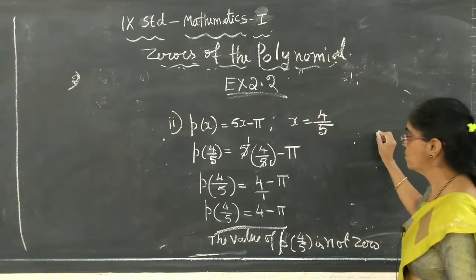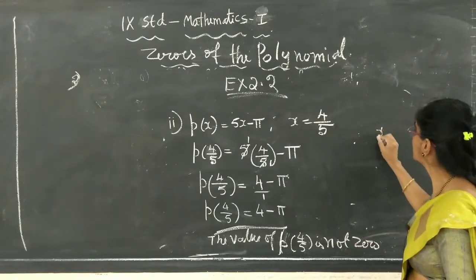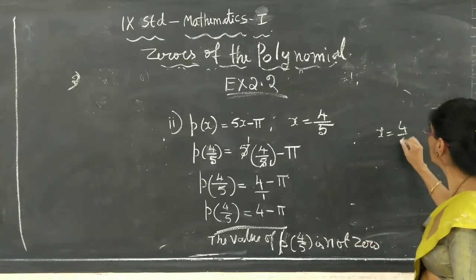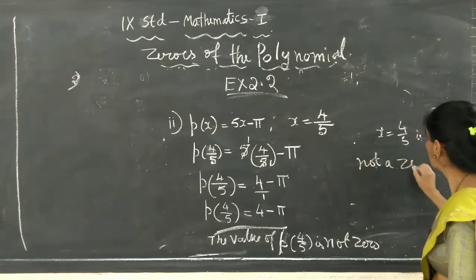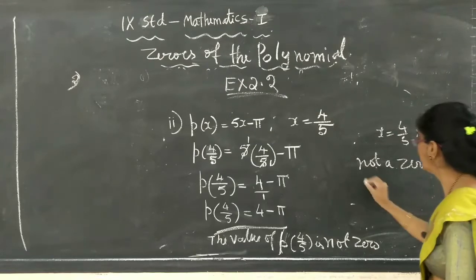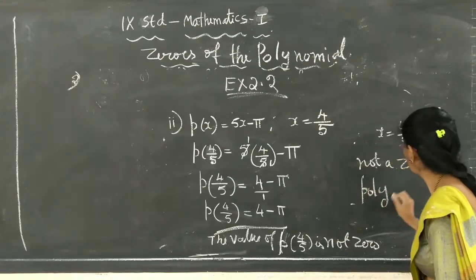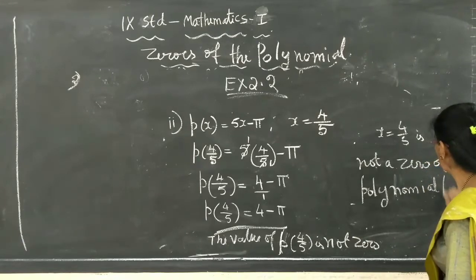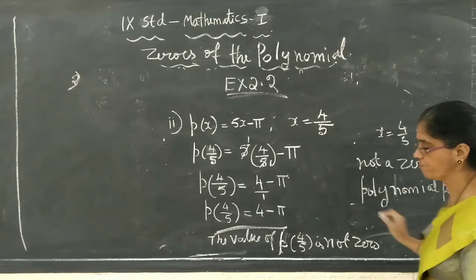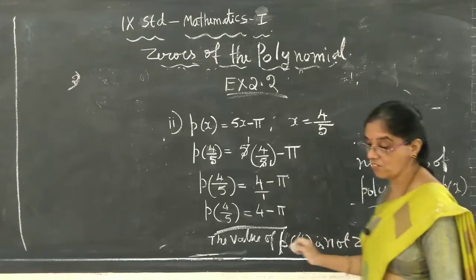Hence, therefore, x is equal to 4 by 5 is not a 0 of the polynomial p(x). Understood?